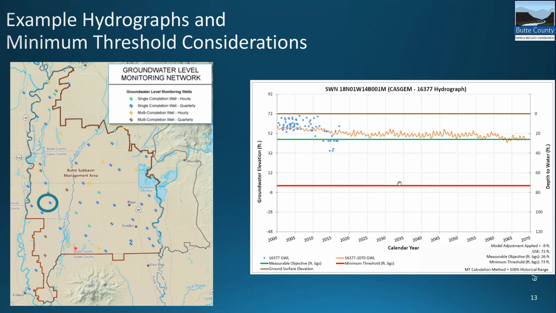Then there's a map with the state well number for each well. Then there's a map of the minimum thresholds for each well. And then these hydrographs have the state well number, so you can tie the state well number back to the map to see a map near Biggs, for example. Okay. All right. Thank you.